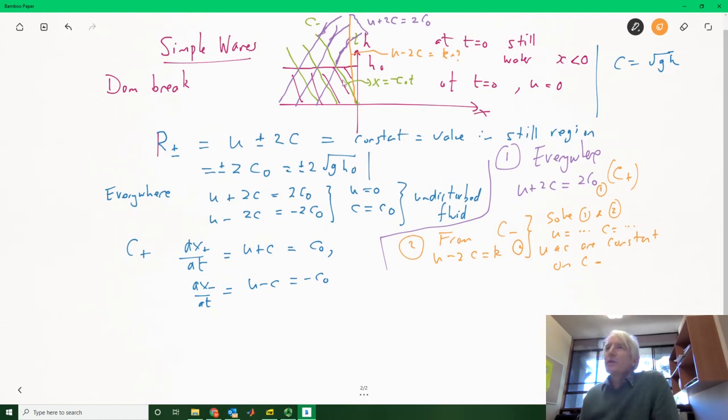Then we take these minus characteristics, and as long as they're this side of the slope, we're still in the still water region where u minus 2c is equal to minus 2c naught. But once we cross over into this region, we only know u minus 2c is a constant, which could be changing. Then we combine with that and we get u and c are constants. So what that tells us is the C minus characteristics are straight lines.